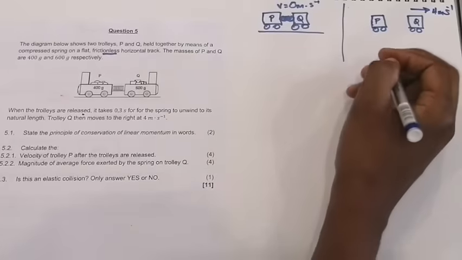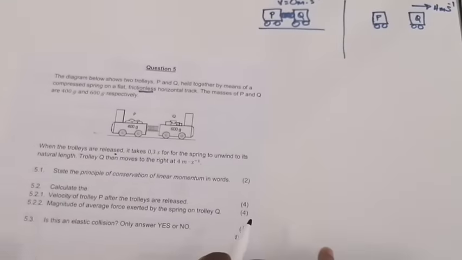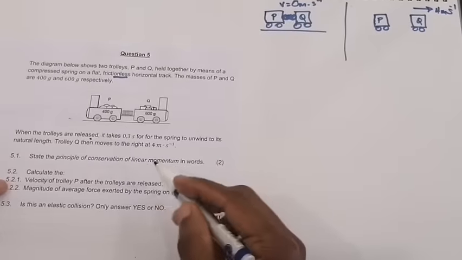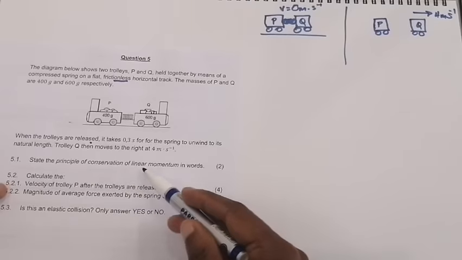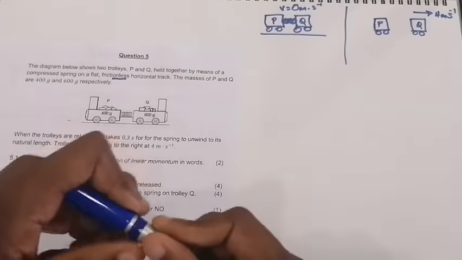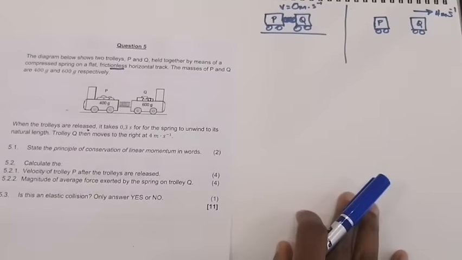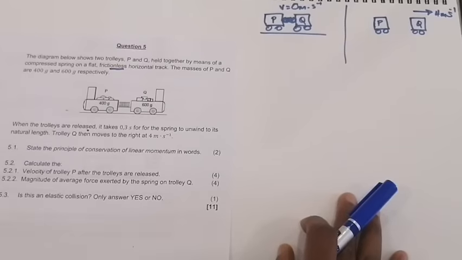Okay, so now we want to find out what they want us to actually find out regarding this question. First of all, they say state the principle of conservation of linear momentum in words. Now, all the time, ladies and gents, I want you to note, whenever they ask you to state a law, high chances are that in the next question you're going to be required to actually use that law, okay?